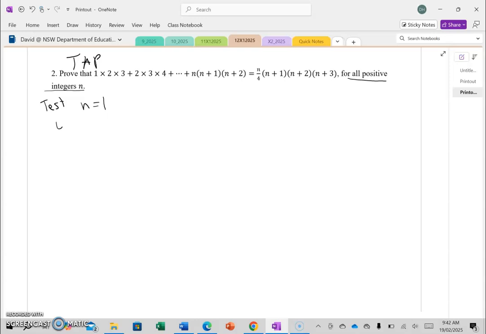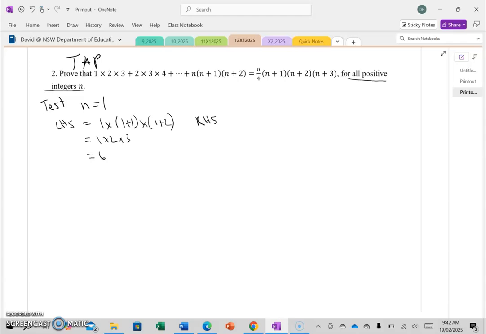Okay, so the left hand side, convince yourself if n equals 1, that's 1 times 2 times 3, which is the first term there. It'll be 1 times (1 plus 1) times (1 plus 2), or simply 1 times 2 times 3, which equals 6.